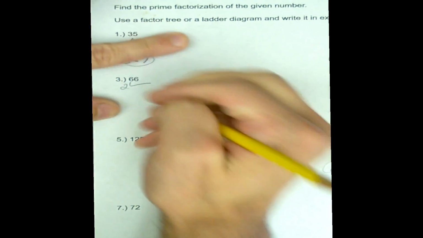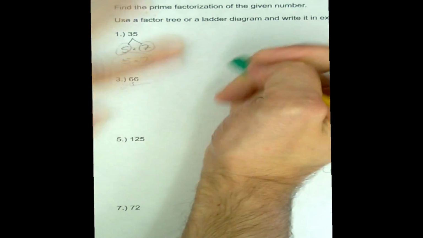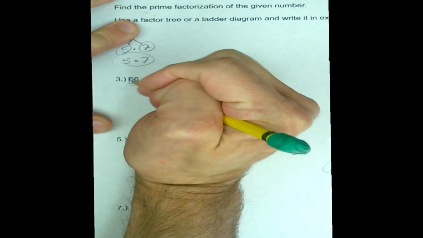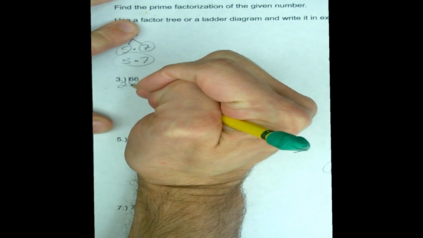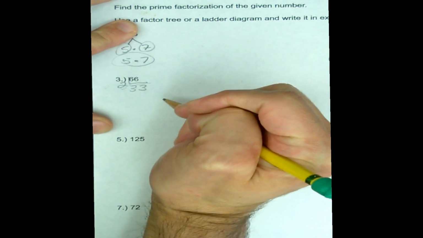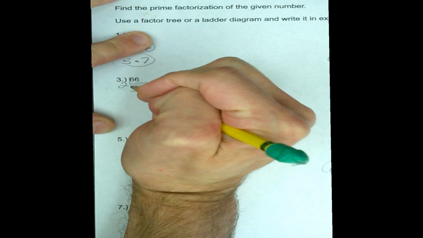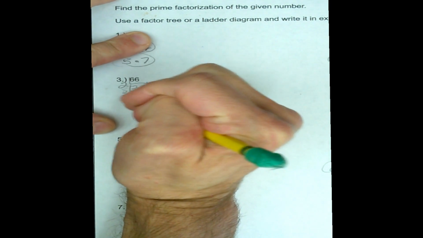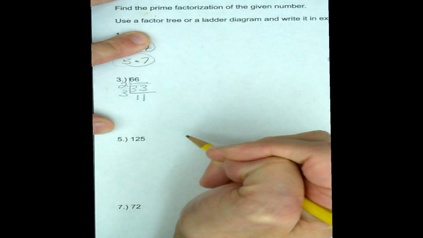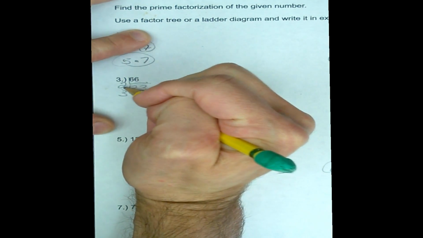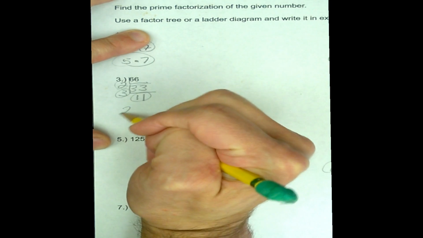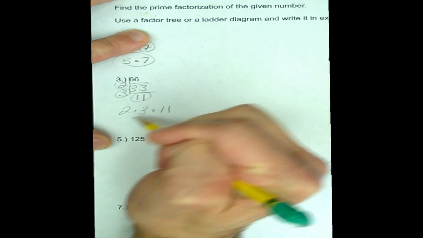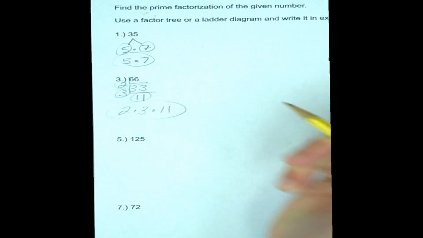66 divided by 2 is 33. 33 is not prime. So when you divide it by a prime number, we'll divide it by 3. We have 11. So 2, 3, and 11 are prime numbers. 2 times 3 times 11. What about 125?